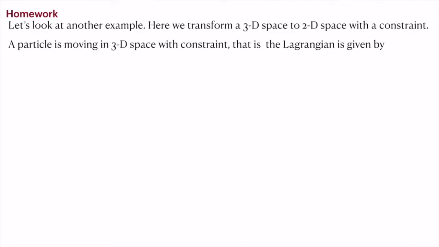You can have a holonomic constraint given by a specific equation, and the effective degrees of freedom of the Lagrangian reduce. So we start with the three-dimensional space and give one holonomic constraint, which reduces the degrees of freedom by 1. This way, we can transform three-dimensional space to a two-dimensional space or a surface.